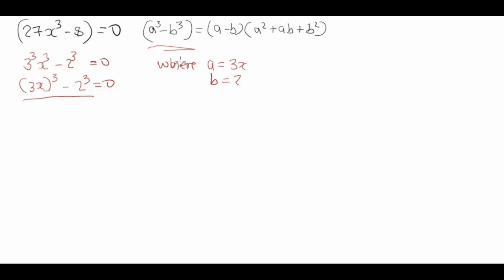So we can write this equation the same as (3x minus 2) times ((3x) squared plus ab, which is 3x times 2, plus 2 squared) equals 0.